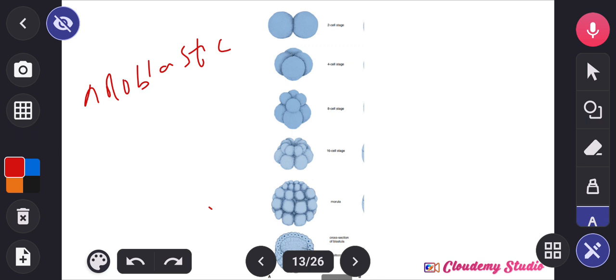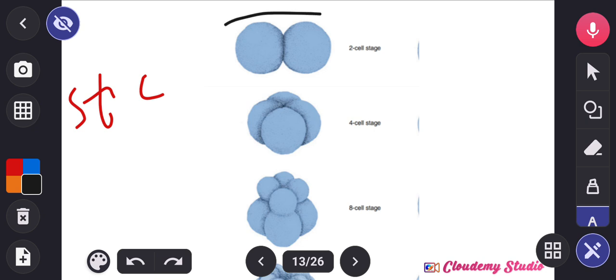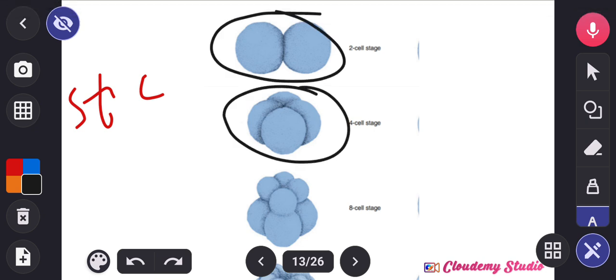Now, during the beginning of this process of cleavage, you will notice that the cells of each of the blastomeres are of equal sizes. Look at this one, equal size, compared to this one, equal size.